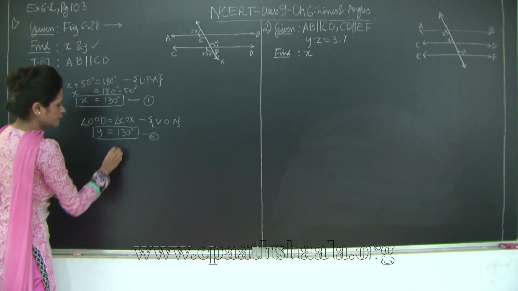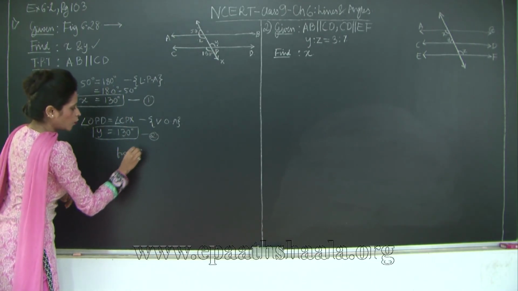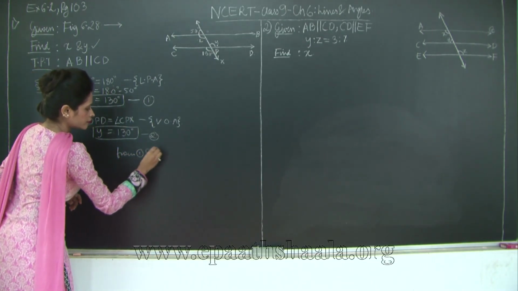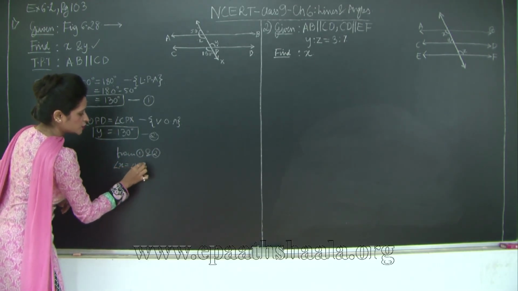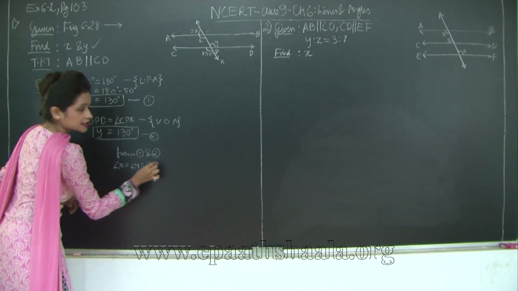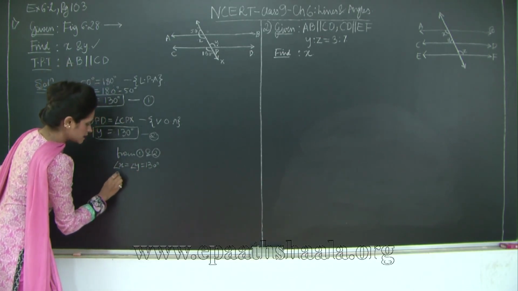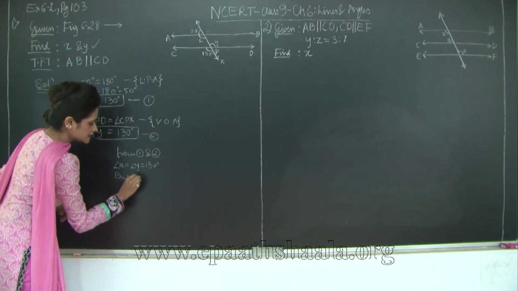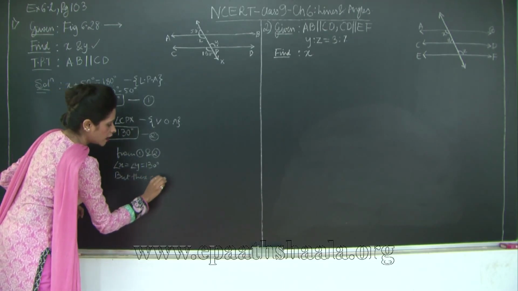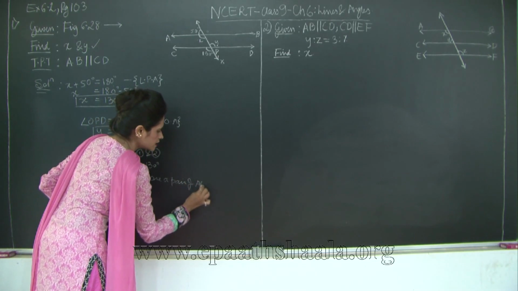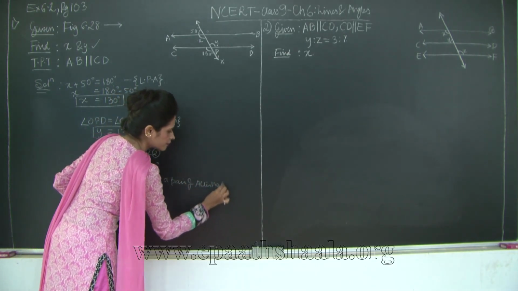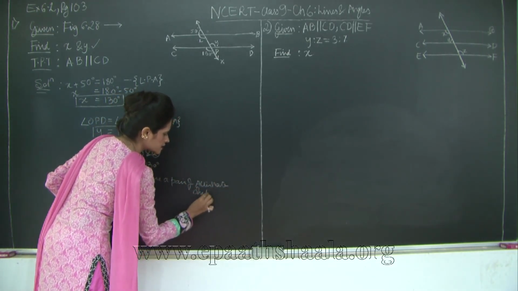You can say from 1 and 2, angle x is equal to angle y, which is equal to 130 degrees, correct? But these are a pair of alternate interior angles.